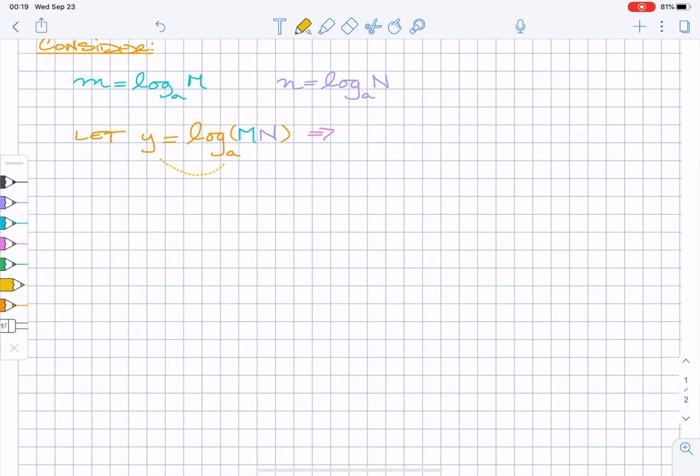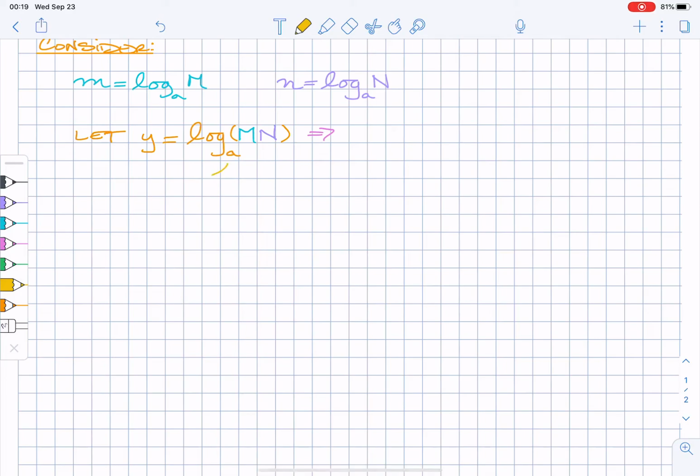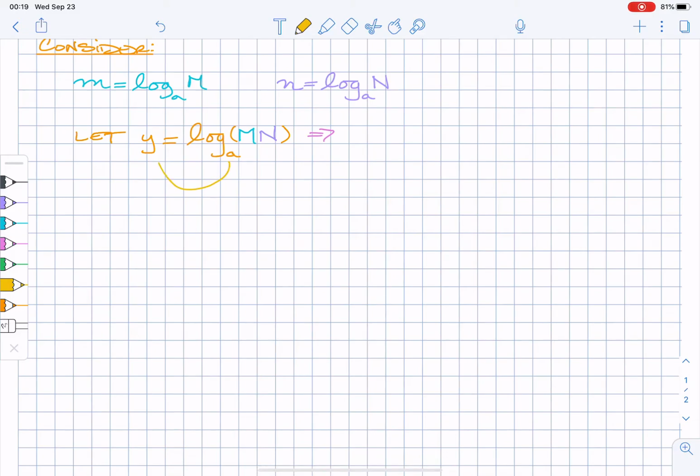So a raised to the y is going to be set equal to the argument of what's inside. Okay, so we'll have a raised to the y is equal to M times N.